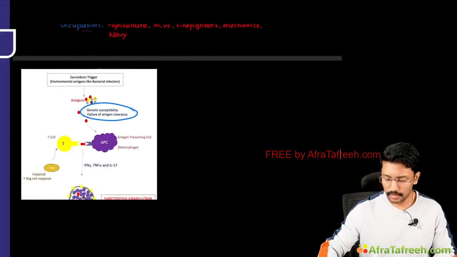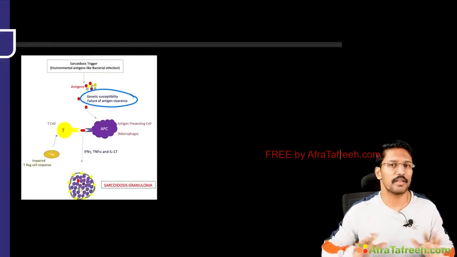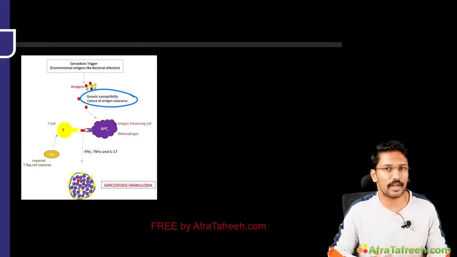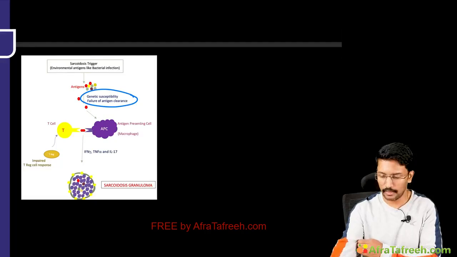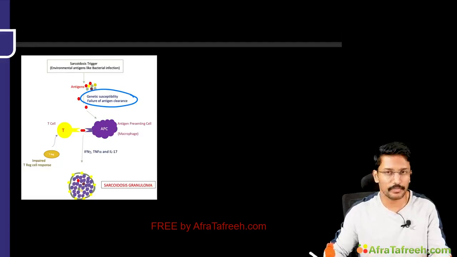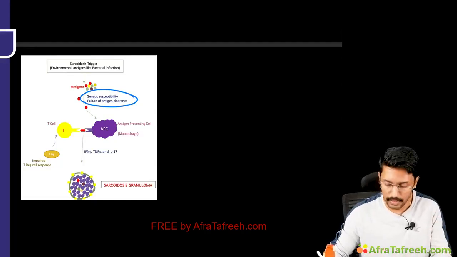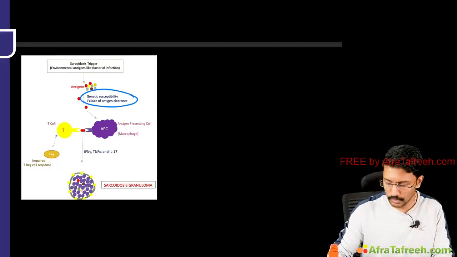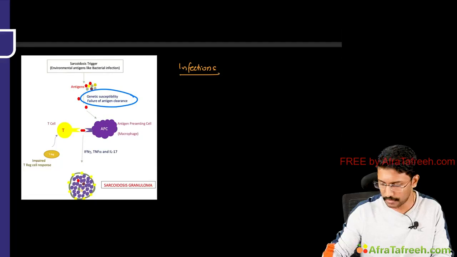Now talking about the pathogenesis, it's pretty simple. Our understanding is very limited, but it is believed to be an autoimmune disorder, and the triggering factors are believed to be mostly the infections that we were talking about. There are two important infections I want you to remember.